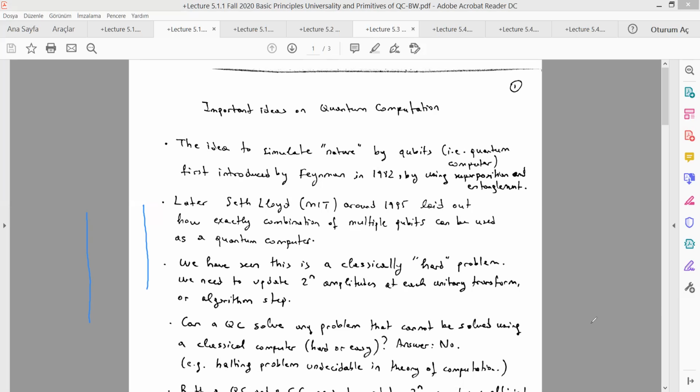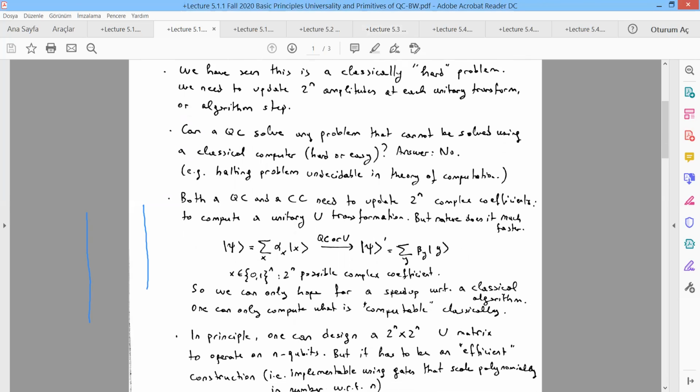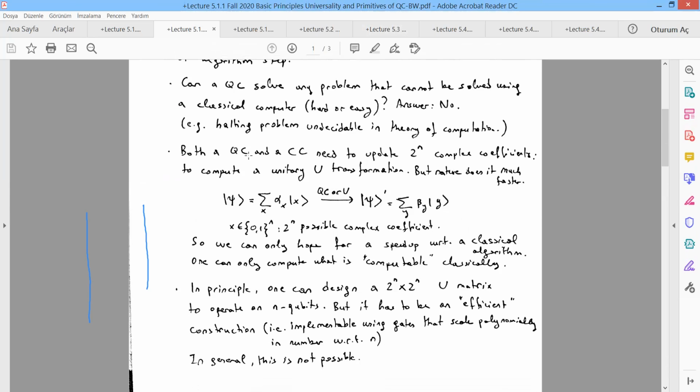A quantum computer cannot help in that. So if you look at it, both a quantum computer and a classical computer need to update all these 2 to the n complex coefficients to compute a unitary transformation. The only difference is nature does it much faster.